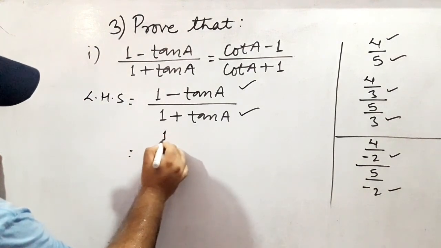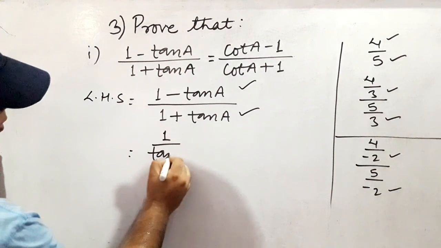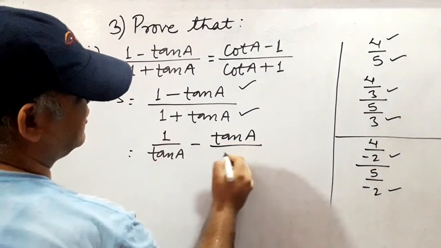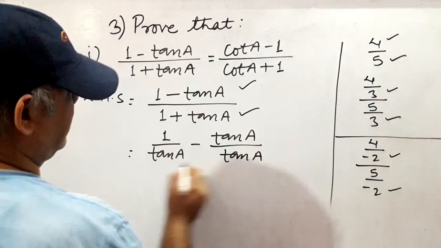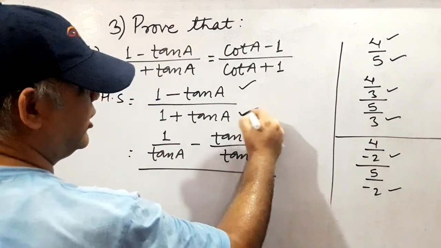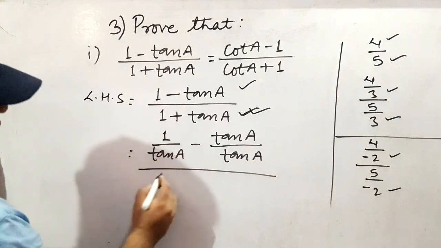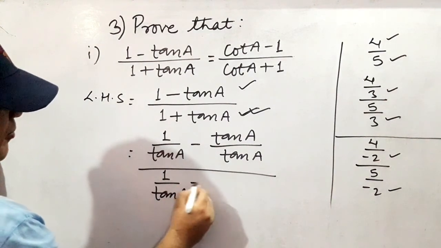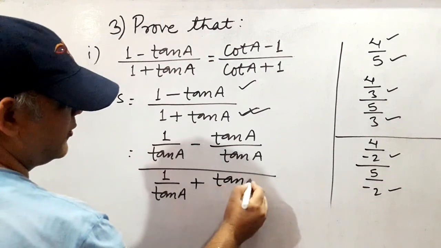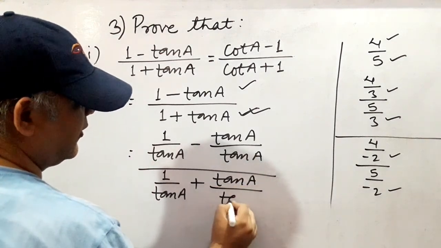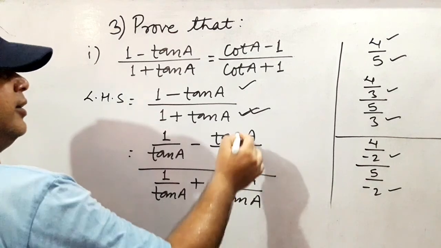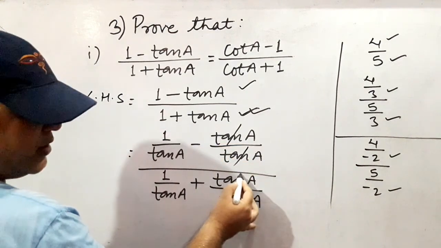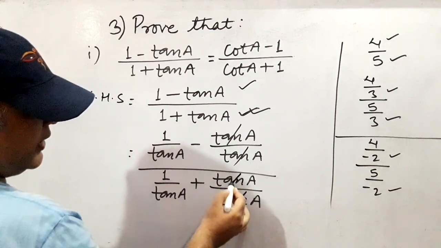So 1 by tan A minus tan A by tan A, by, in the denominator also, let's divide with tan A, 1 by tan A plus tan A by tan A. This tan A and this tan A get cancelled, as well as in the denominator, both tan A get cancelled.